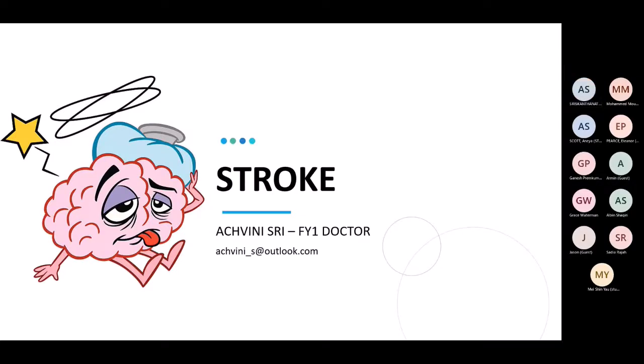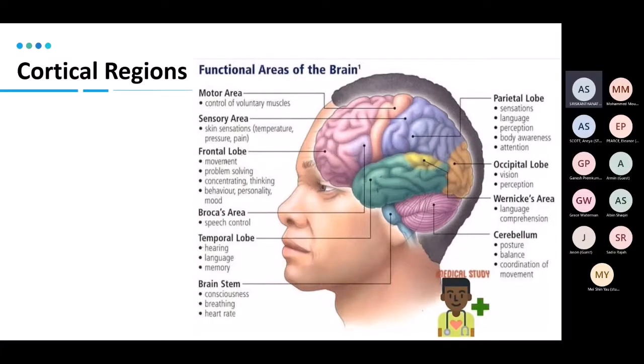Just quickly going through general cortical anatomy. I'm not going to go through this in too much detail, but your cortex maps out different functions of the brain. You've got your motor and sensory areas.